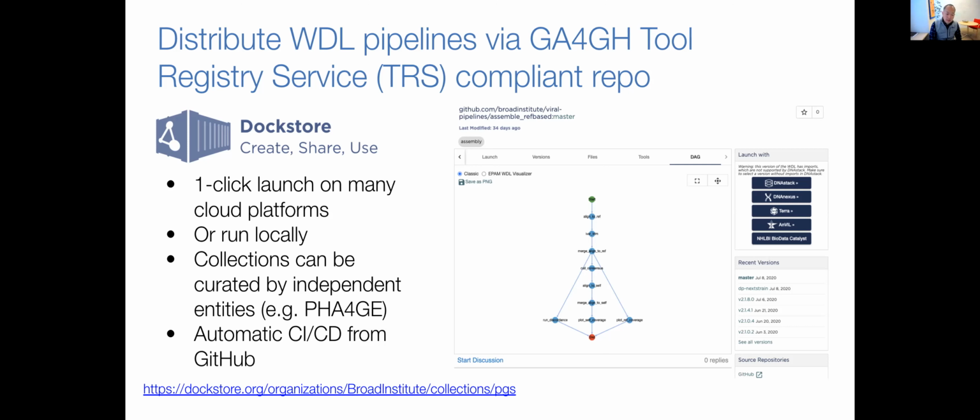It can be in this place, and it can actually have integrations. The strength is that it has integrations and APIs that allow cloud platforms that know those languages to just automatically pick them up. So you see this launch with button. You can just click on the DNAnexus button and pull my pipeline into there, or into Terra, or whatever.